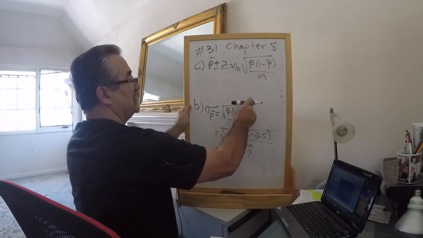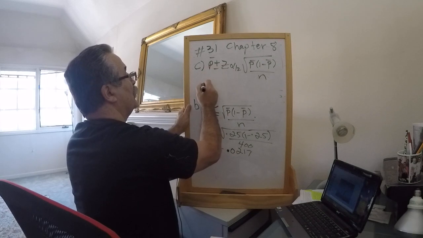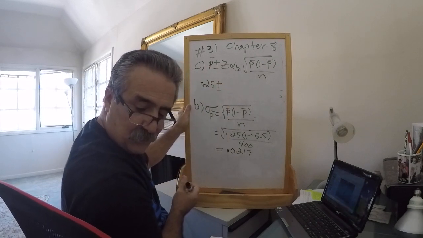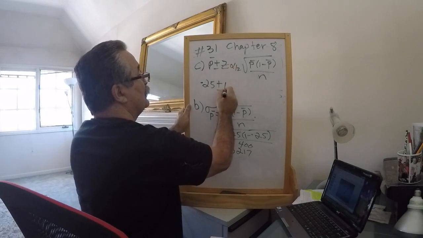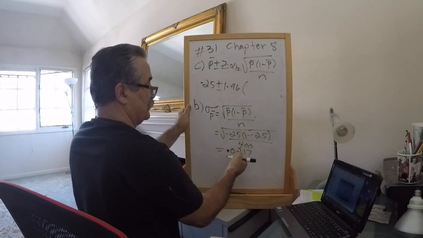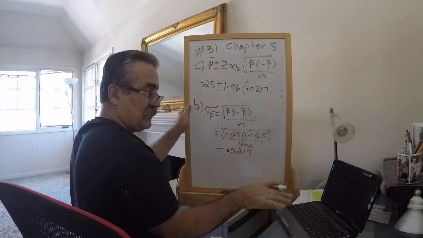And then P bar 0.25 plus or minus, for 95%, Z sub alpha over 2 is 1.96 times this, which is 0.0217.